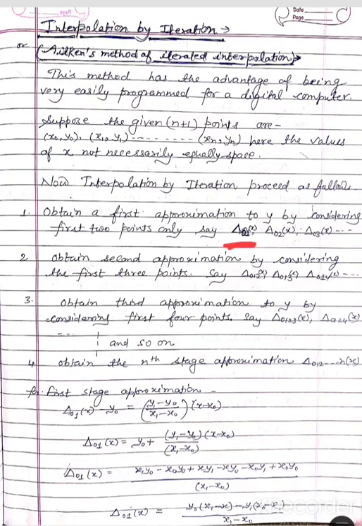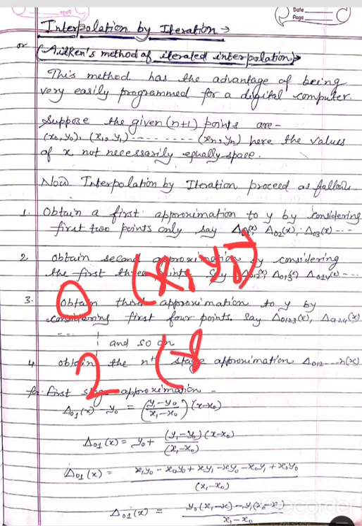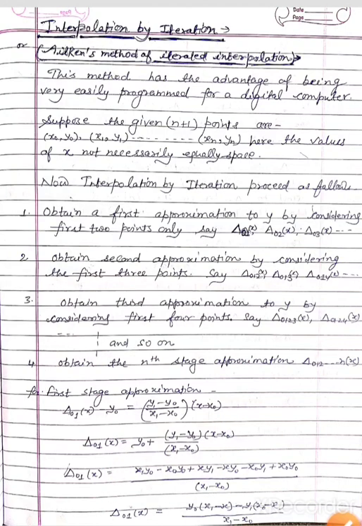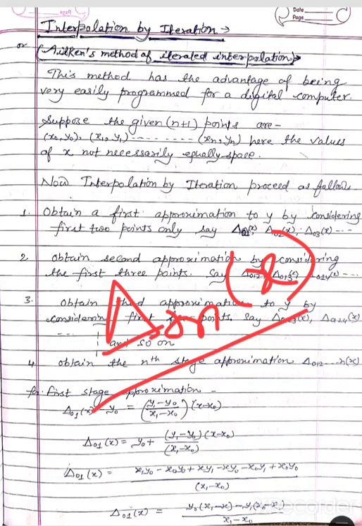Considering another 2 points, 0 and 2, x0 y0 and x2 y2, we obtain another first approximation delta 0 2 x, and similarly we obtain delta 0 3 x by considering points 0 and 3, and so on. We obtain the last first approximation delta 0 n x.